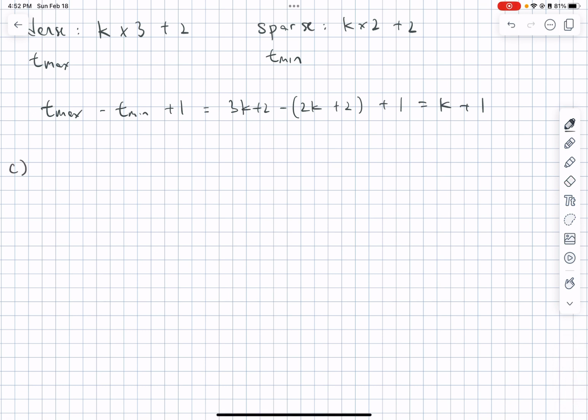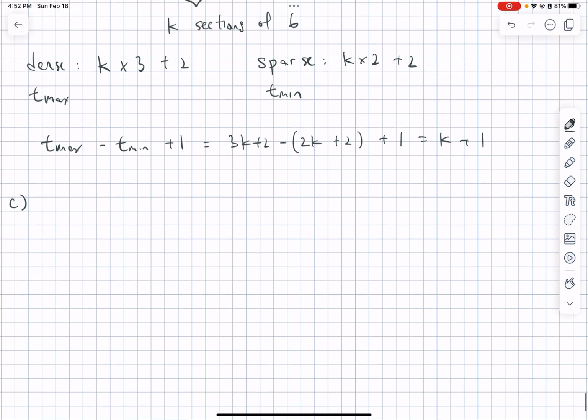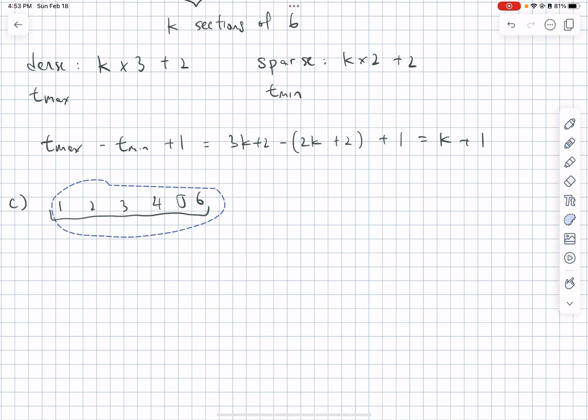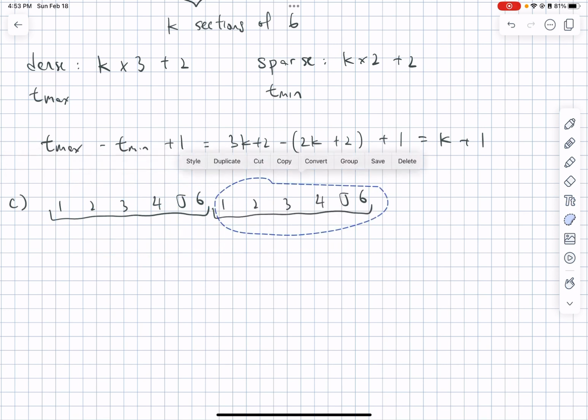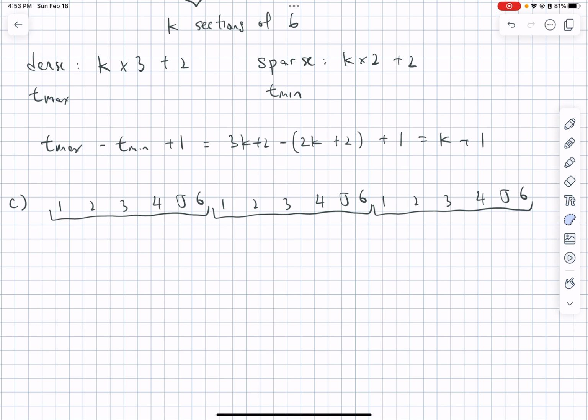So for C, we can do a similar approach to part B, where we split them into sections of 6. So for 19, there's going to be 3 of these sections, and then there's going to be a 1 at the end.